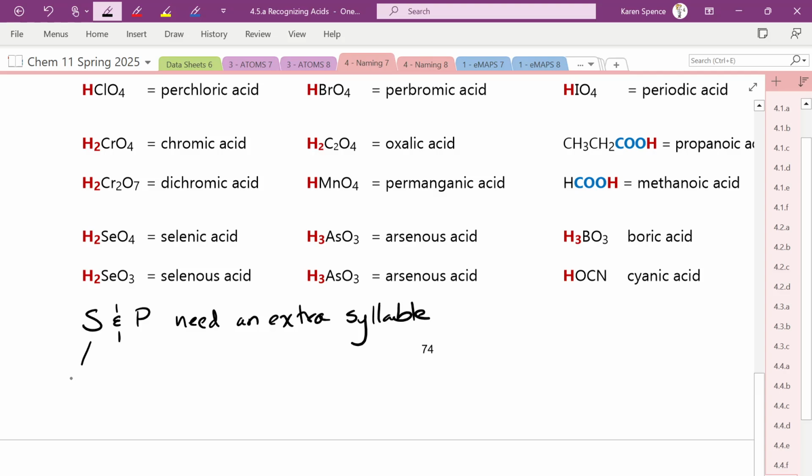Sulfur needs an "ur". Phosphorus needs an "or". I know. Why are there 2 O's? I don't know.